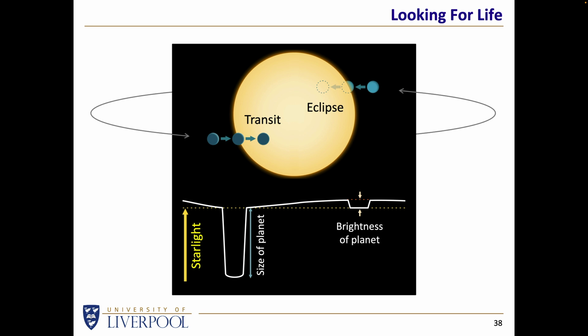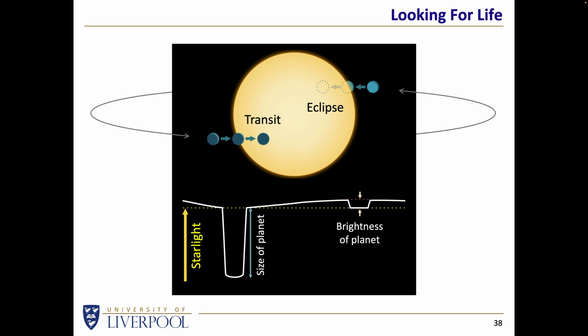That means if we look at the total light coming from the star and the planet, we don't need to see the planet itself. When the planet goes behind the star, we lose the planet's light. So if we look at the spectrum as the planet disappears, the spectrum should change, and whatever that difference is must be light from the planet.